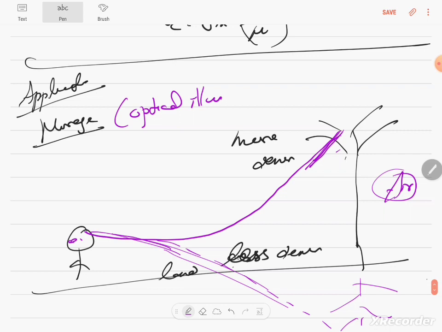How to explain? On a hot summer day, the land gets heated up very fast, and the air above the land is less dense. Hot means less dense, and higher up will be more dense. So light from a tall tree, as it falls in the man's eyes, travels from a more dense medium into a less dense medium, and therefore total internal reflection can occur.